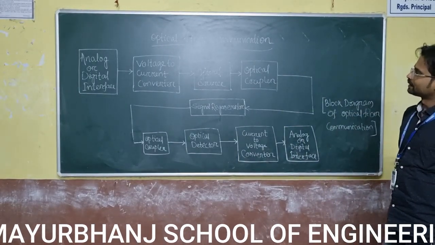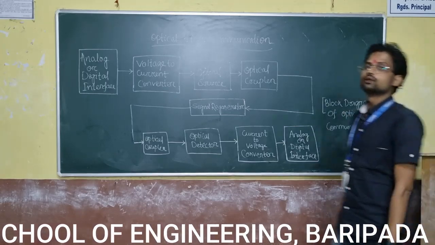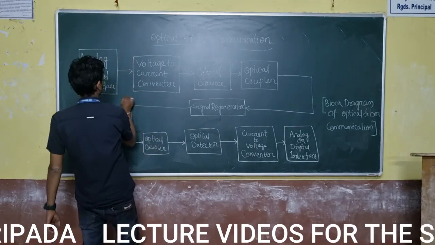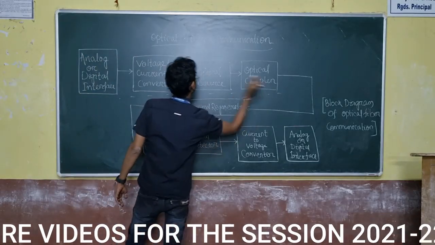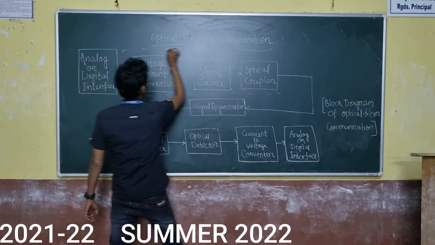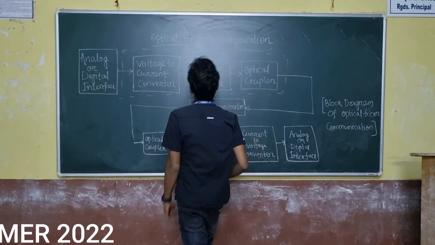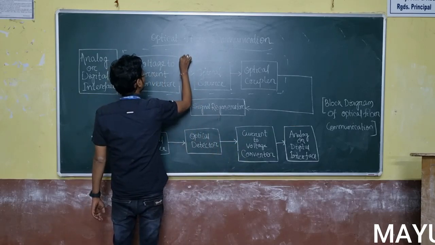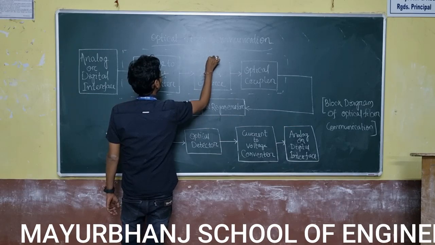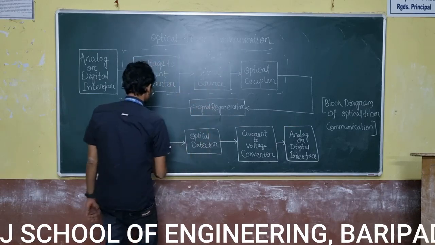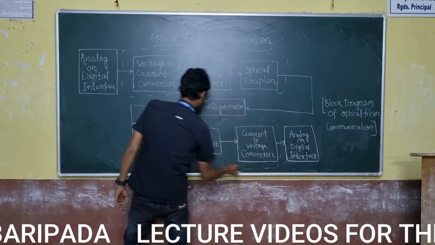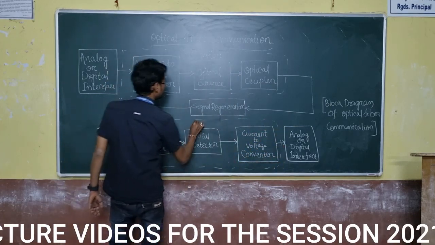Now the upper segment is known as your transmitter section, and this section is known as your receiver section.